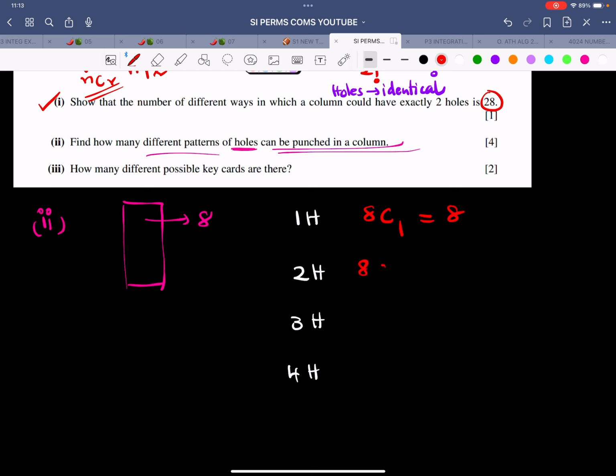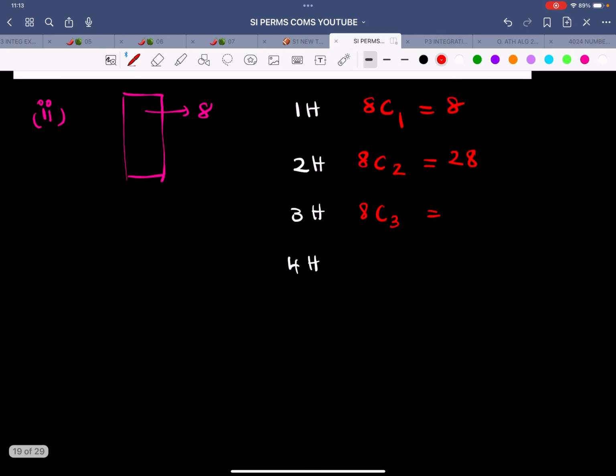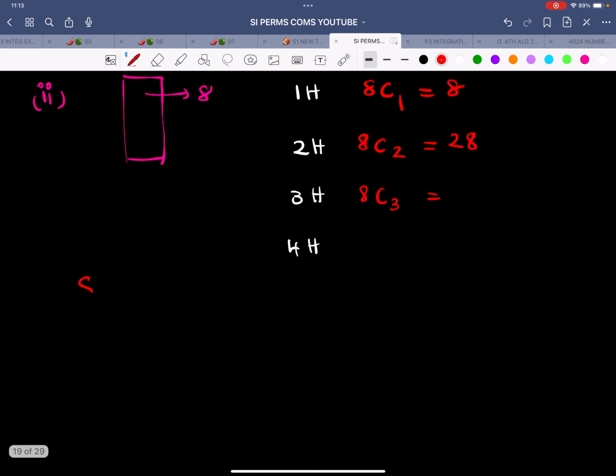Let me evaluate 8C2, and that is 28, which is just written right over here. Let me calculate 8C3, and this I'll do on the sidelines. So that is 8 times 7 times 6 over 3 times 2 times 1, which comes out to be 56.